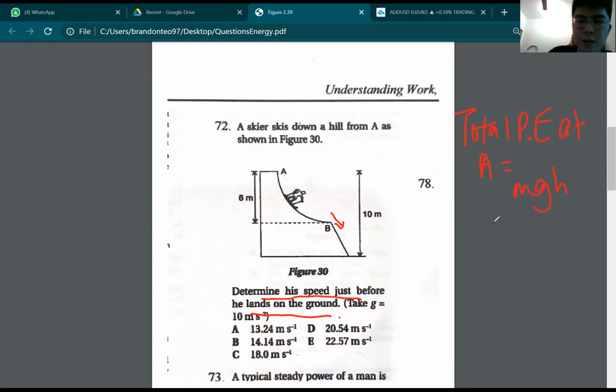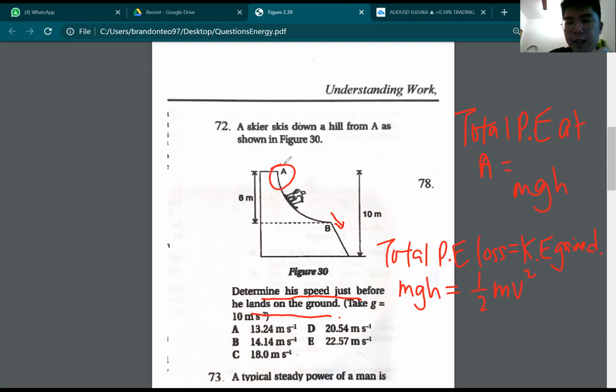Total potential energy loss will equal the total kinetic energy gain, so mgh equals half mv squared. I repeat, the total potential energy loss at A will be equal to the total kinetic energy gain at the point just before he reached the ground. Not at B, it's at the bottom.